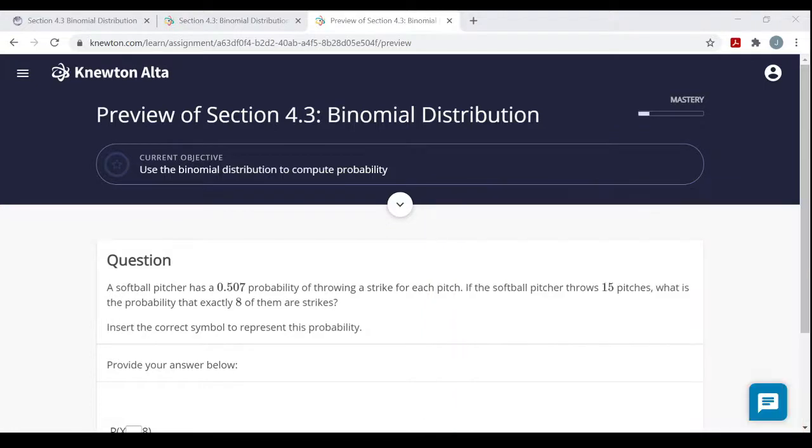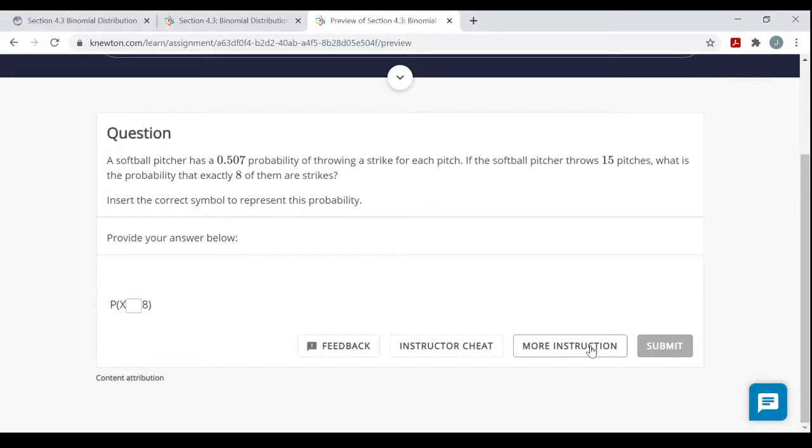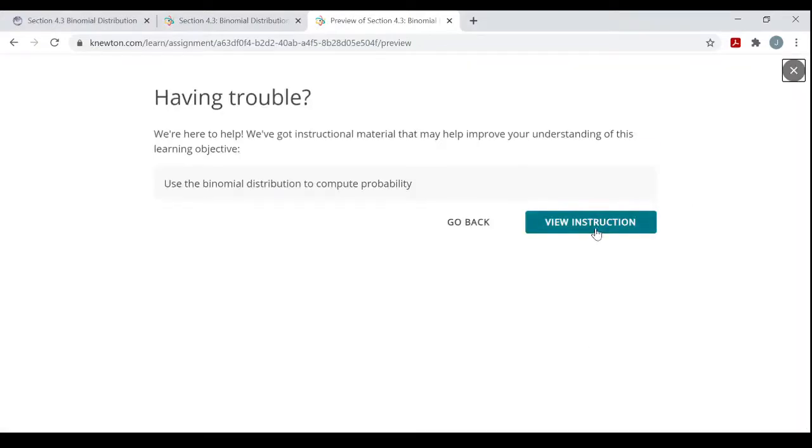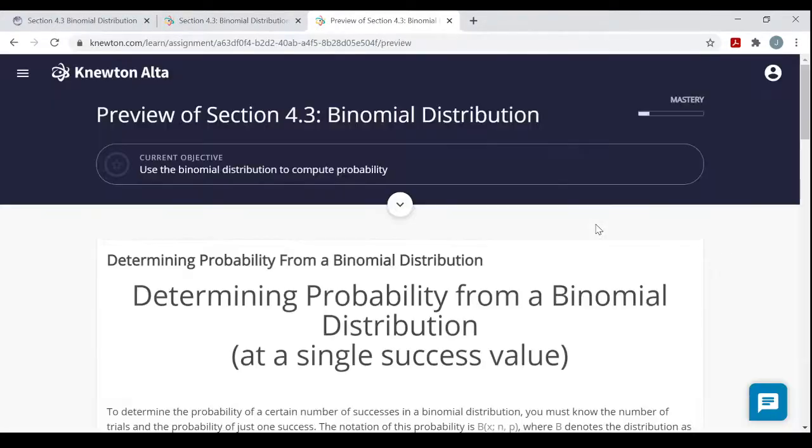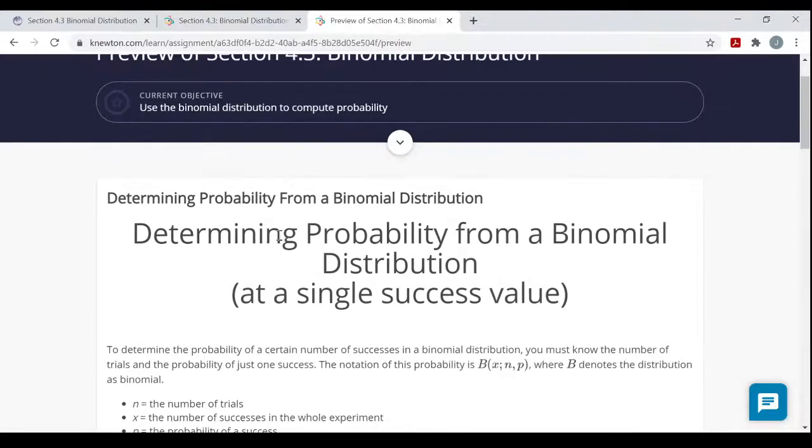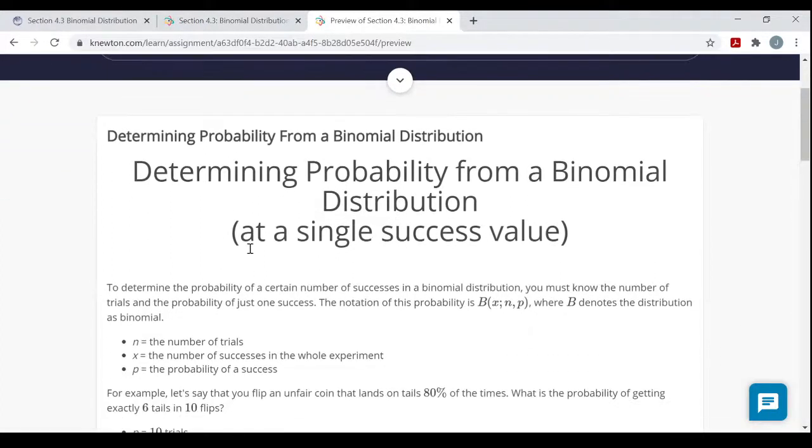So again, first time I'm seeing this objective, I click on more instruction. So, determining probability from a binomial distribution at a single success value. Later we'll add more than just a single number of successes. You'll see what that means in a minute.